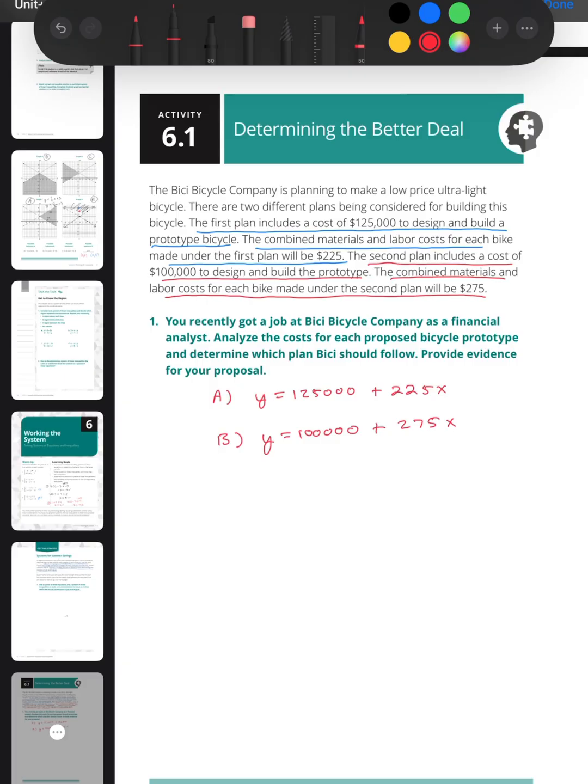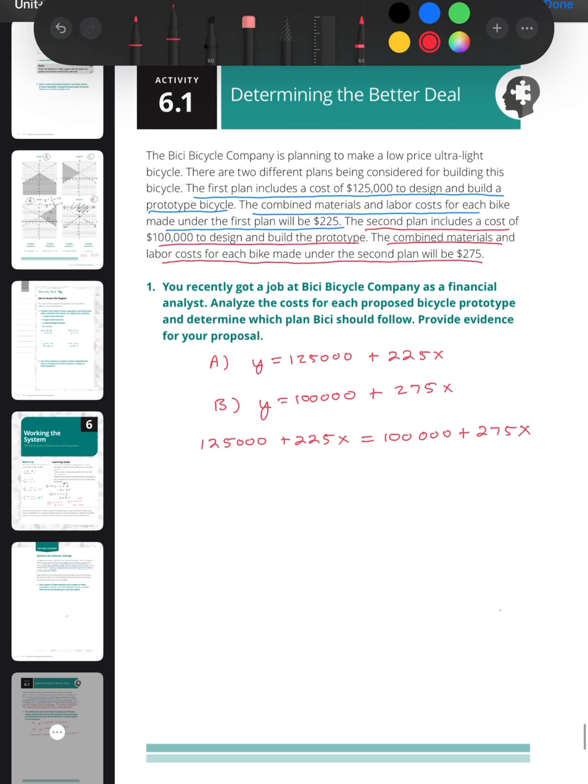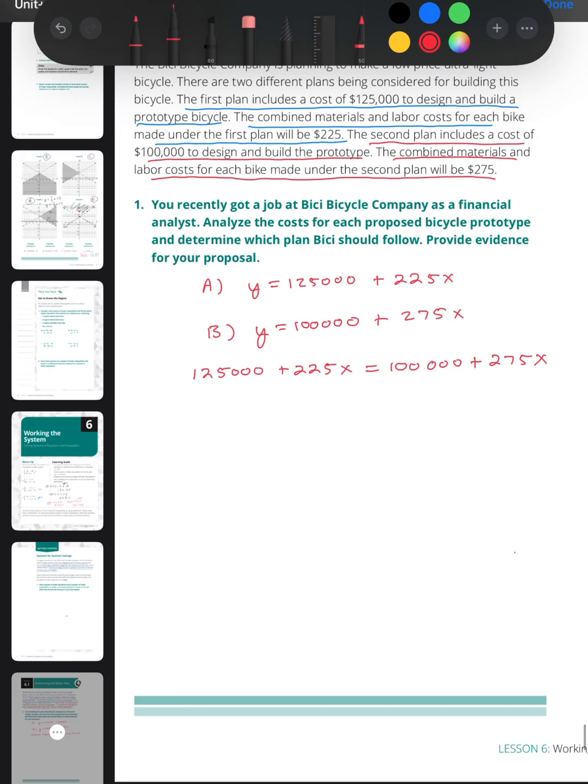So if we wanted to solve that system, we could substitute in for the y value, setting them equal to each other. And we're going to have 125,000 plus 225x equals 100,000 plus 275x. And we're going to solve that system.